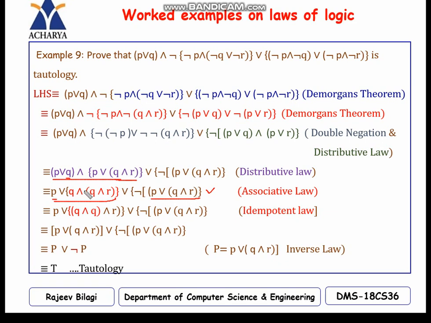Here also I will apply the associative law so that the PR bracket will change. Q and R operator, R, P, R, Q and R. Okay.